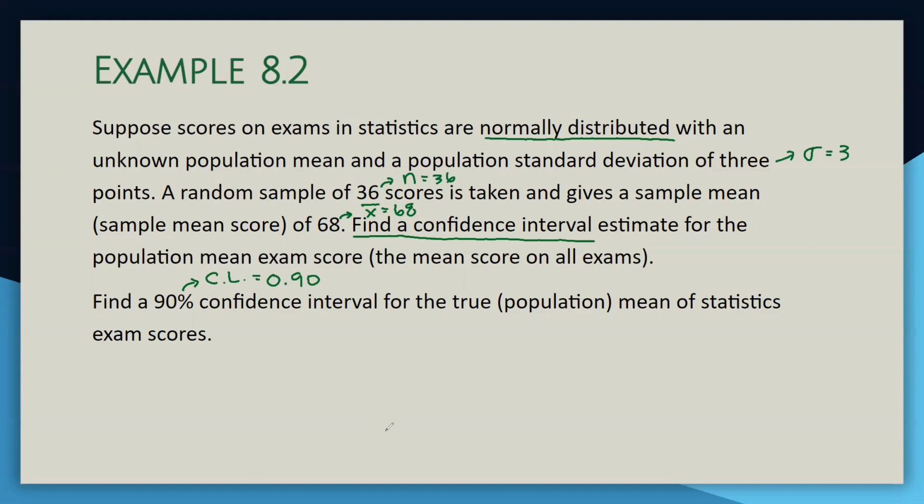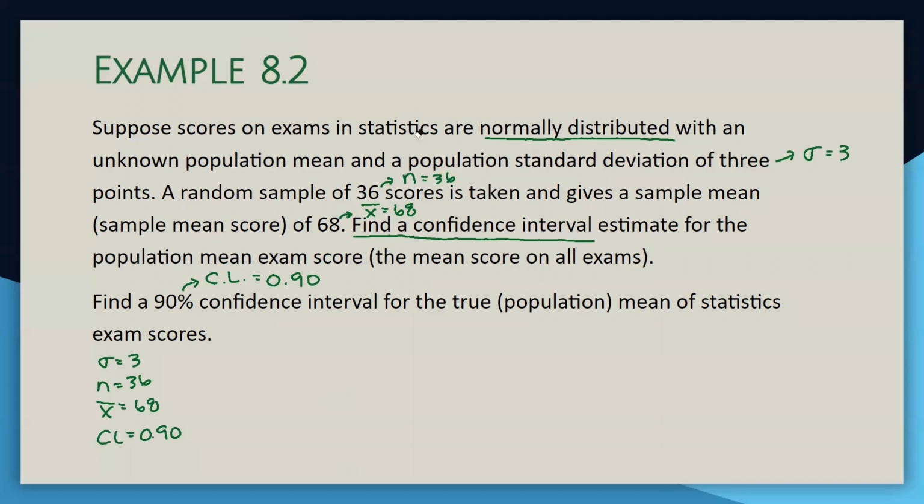So that feels like a lot, but now that we've identified the relevant information, the calculator is going to do that heavy lifting for us. So let me copy that information down, and I'm going to pull up my calculator. So we know that sigma is 3, n is 36, x bar is 68, and our confidence level is 0.90.